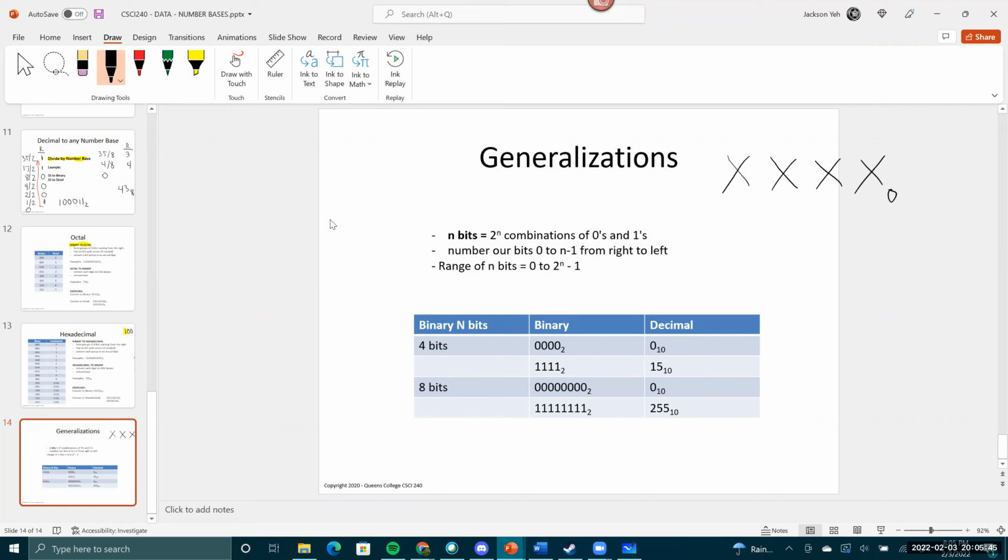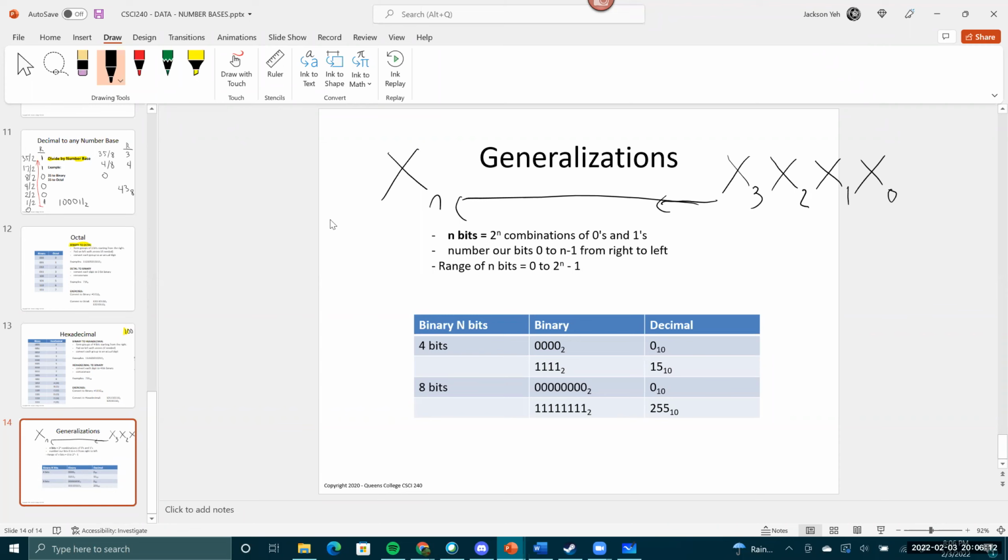This would be bit 0, this is 1, 2, 3, and then it just keeps incrementing up to n minus 1, whatever the n is. If you have multiple bits, the least significant bit is the one on the right. That has the lowest power. So that's 0. And then each bit moving across is labeled 1, 2, 3, and so on.